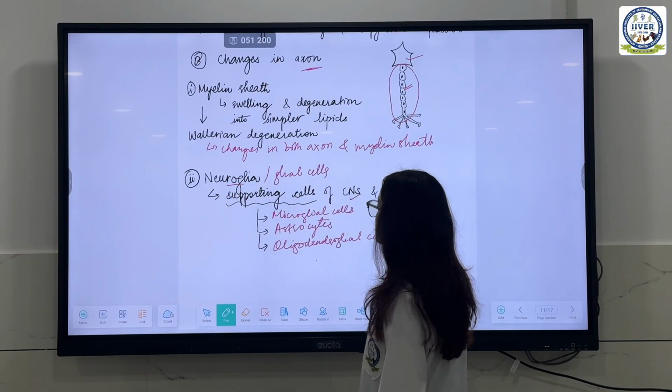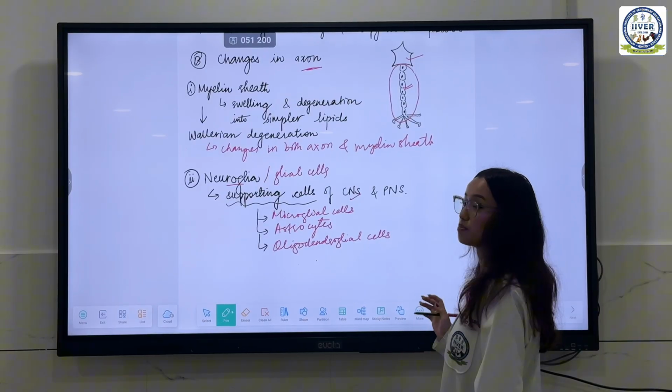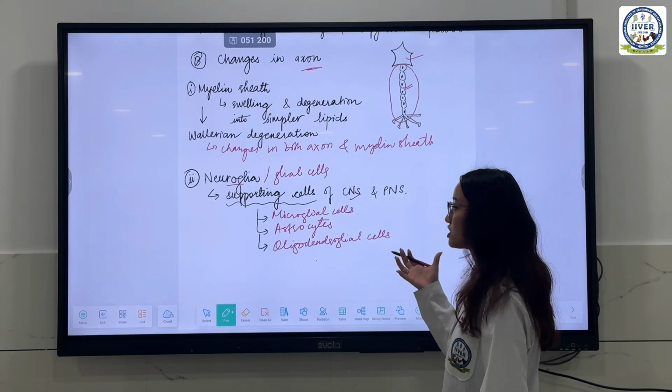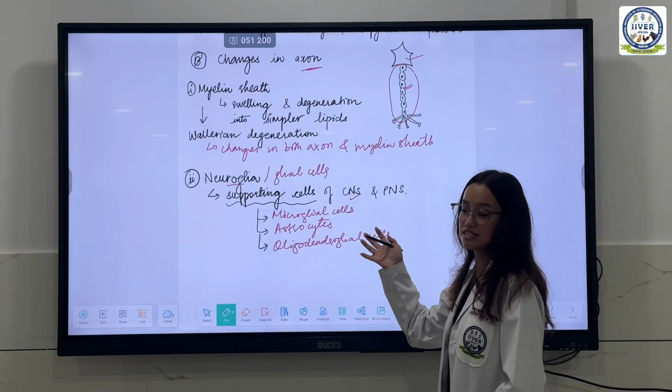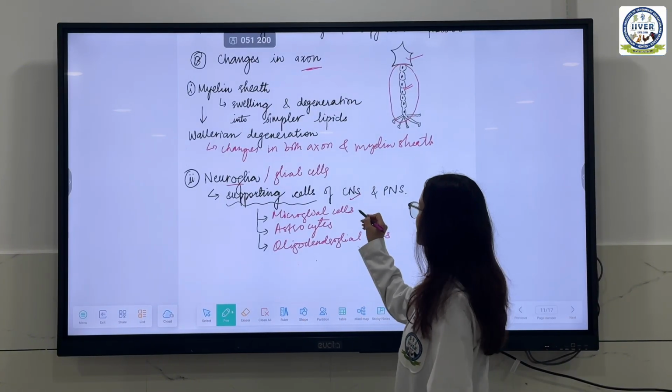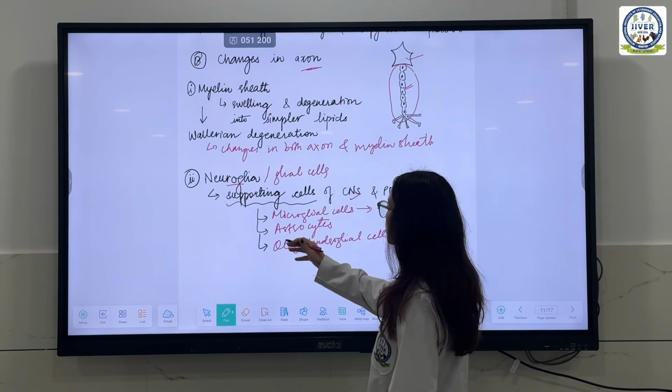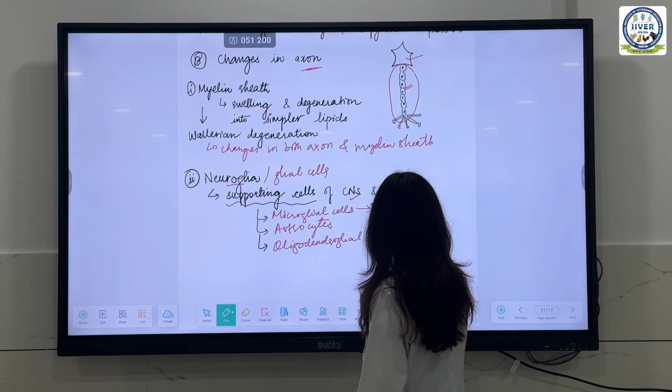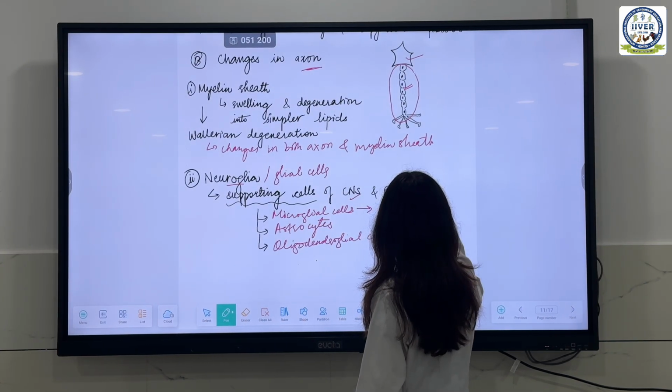You can differentiate these three major cells on the basis of H&E staining. In H&E staining, only the nucleus of these cells is stained. Under H&E staining, you will see microglial cells exactly like mononuclear cells.